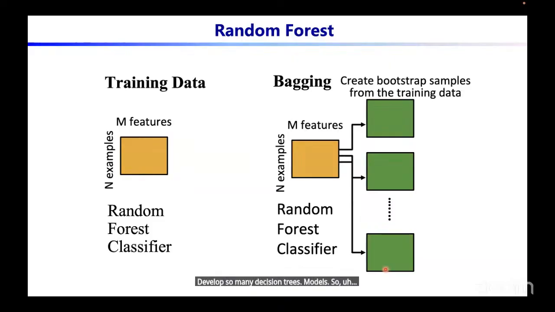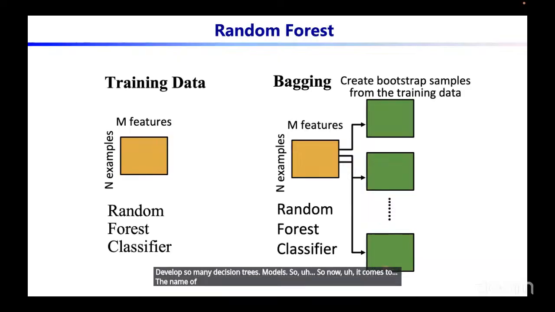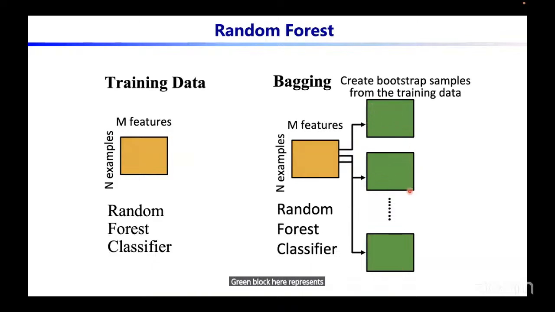Now it comes to the name of random forest. Remember that each green block here represents a decision tree. So it is one tree. We have multiple trees, so it becomes a forest. Multiple trees collectively is called a forest.